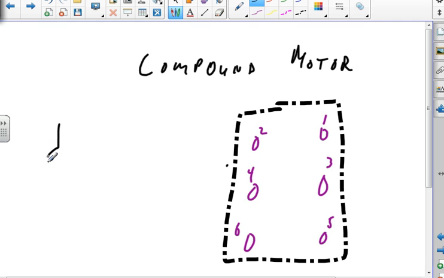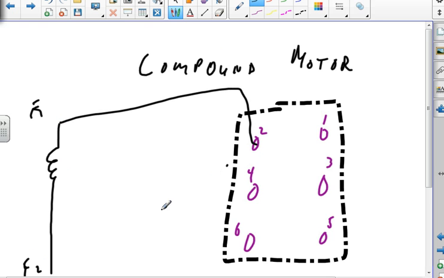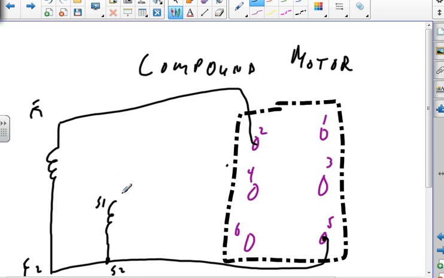I have a field winding, F1 and F2. F1, F2. And it's hooked up to 2. And it's hooked up to 5. And then I've got a series winding that's part of the field, and it's connected down there, S2, S1, and S1's going to go to 3.